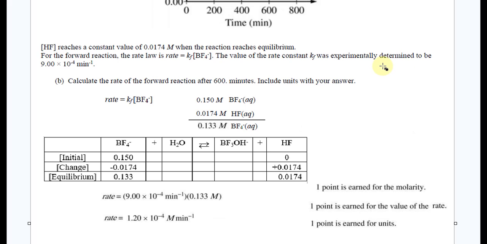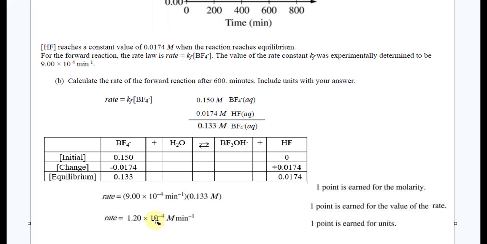The way this problem is set up, it's very nice, the way they grade these FRQs. They're not as cruel as you might think they are. You get a point for the molarity, which was the 0.133 that you had here. But if you lost the point because you had the wrong molarity, and I imagine a lot of people did, if you're rushing, you say, oh, it's 0.15 molar, but not at 600 minutes, you would lose the point for using 0.15. But if you set up the calculation and showed your calculation with 0.15, they would not penalize you again, because you were already penalized for that previous point.